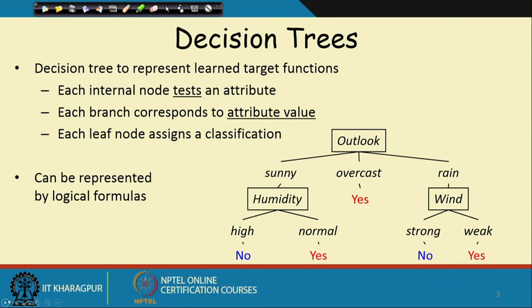Whatever leaf it leads to, that is the class level of this instance. So, this can act as a classification rule. Everybody, please note down this tree in your exercise books. Note down this simple tree.